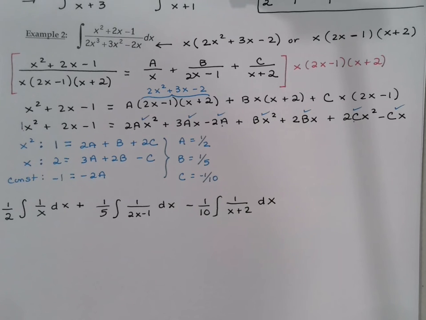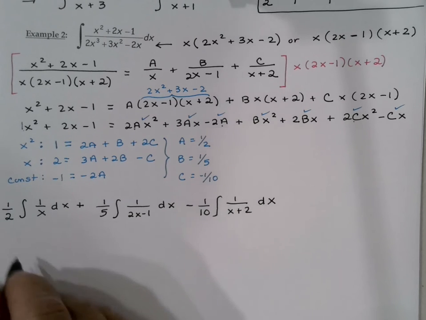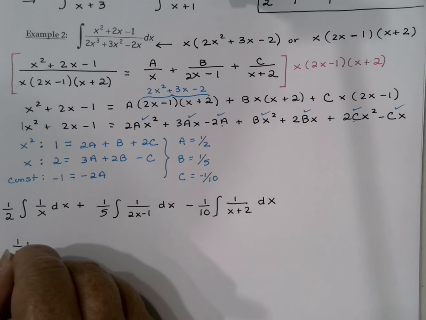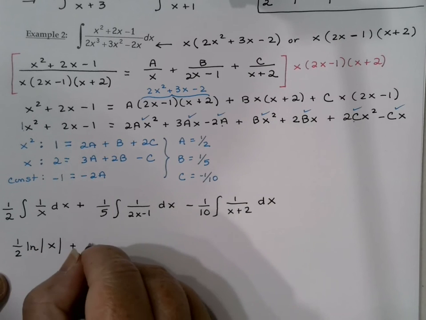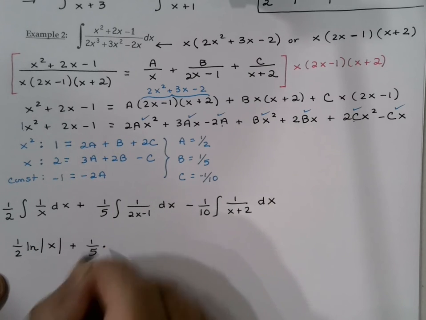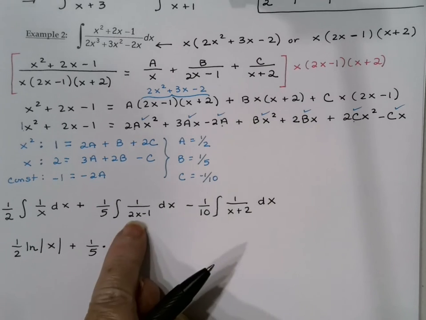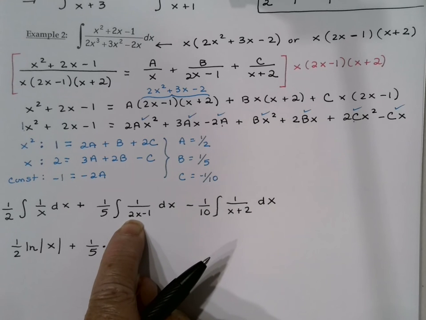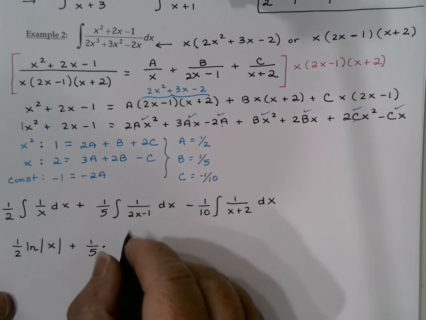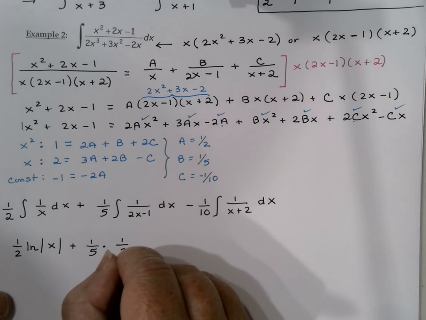Right, so let's see here. That's going to be 1/2 natural log x plus 1/5 times. This time, again, I'm going to think through the u substitution in my head. If it helps you to write it out, certainly feel free. But u would be that denominator, and so the derivative would be 2. I'll have to compensate with the du with a 1/2.